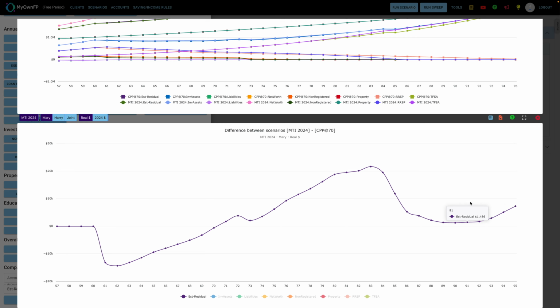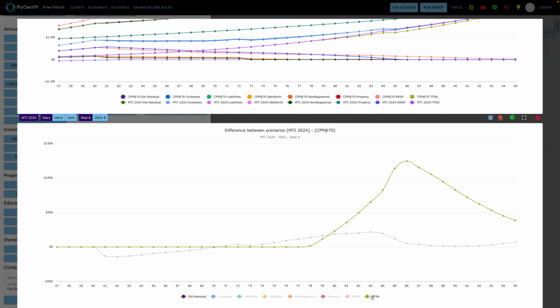So again, you're at a $9 million estate, and this change made it different by, in any given year, only really $10,000 to $20,000, positive or negative. Our TFSA up until 95 definitely wins out. If you go longer, it will definitely go below.